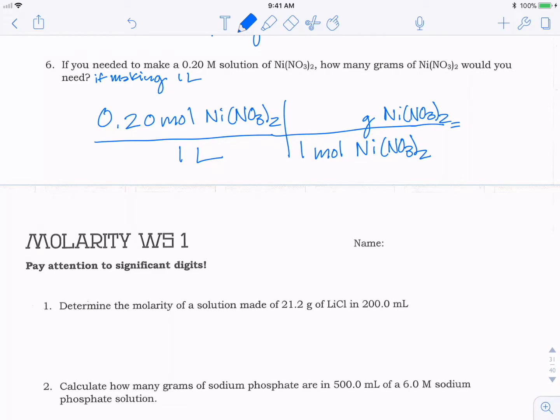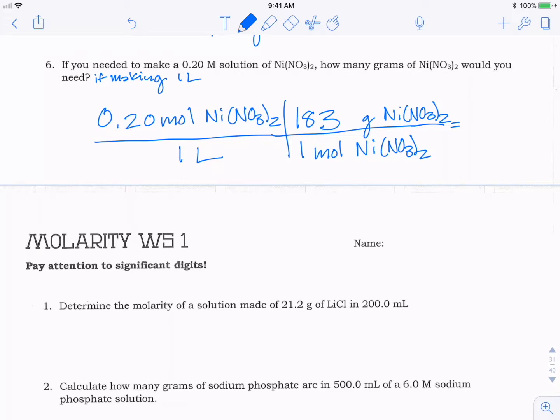All right, so I have to look up the molar mass of nickel 2 nitrate. And it is 183.